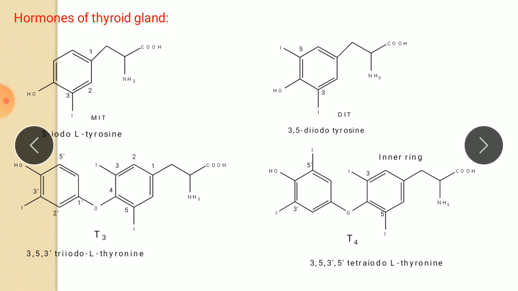Later, its structure was established as 3,5,3',5'-tetraiodo-L-thyronine. So this is its IUPAC name. Here the numbering is given.